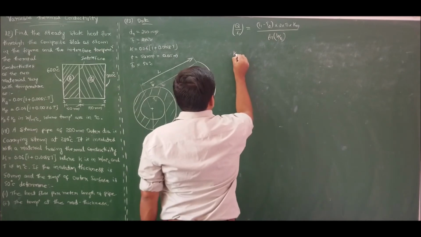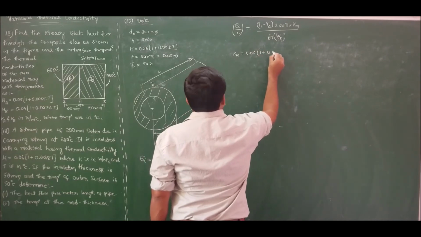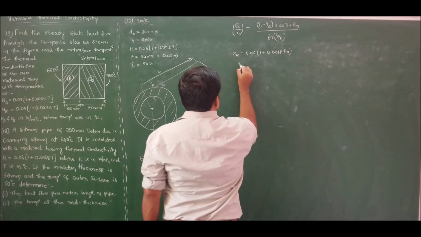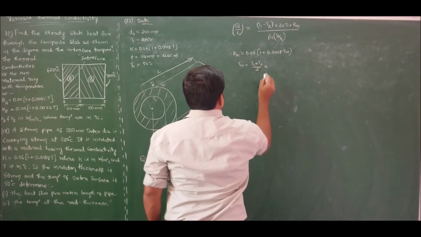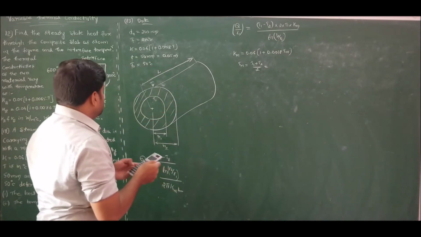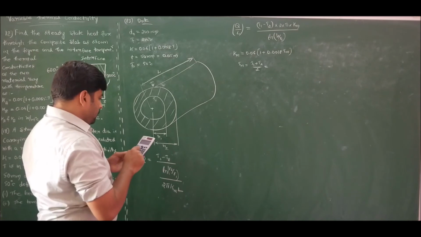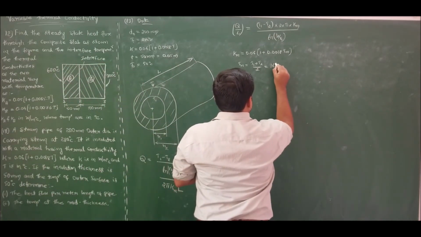Now K mean is given by 0.06 times 1 plus 0.0018 T mean. The value of T mean is T1 plus T2 by 2, which is nothing but 280 plus 50 divided by 2, which is 165 degrees Celsius.